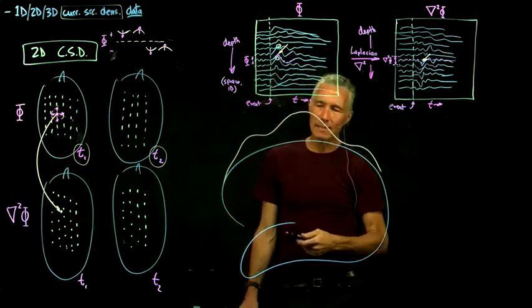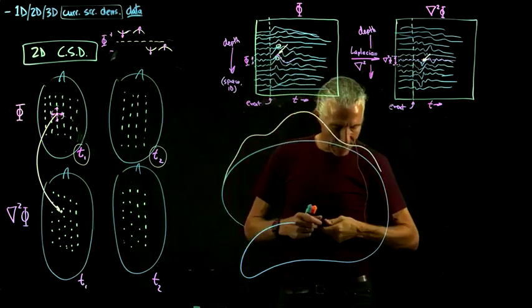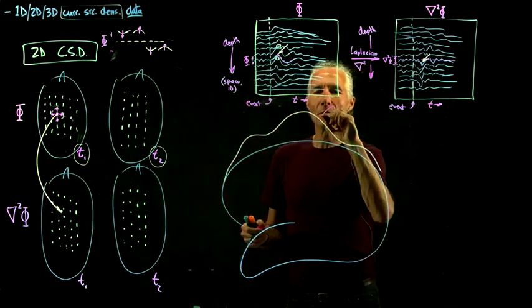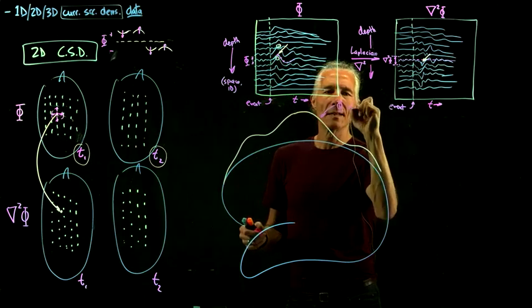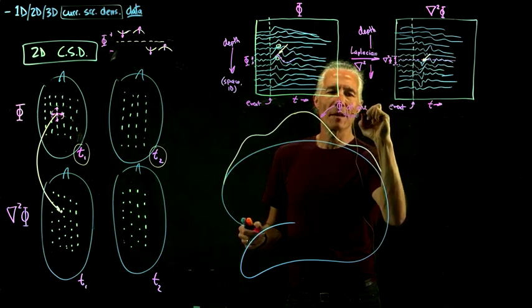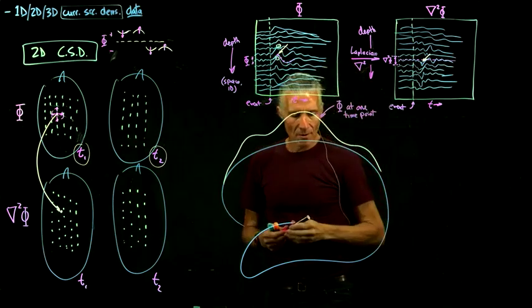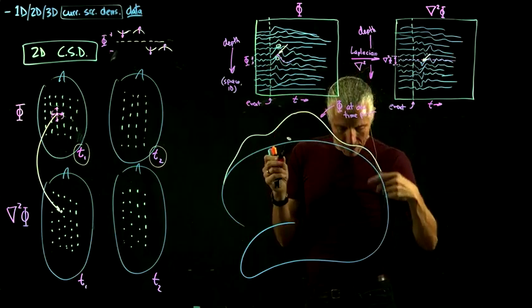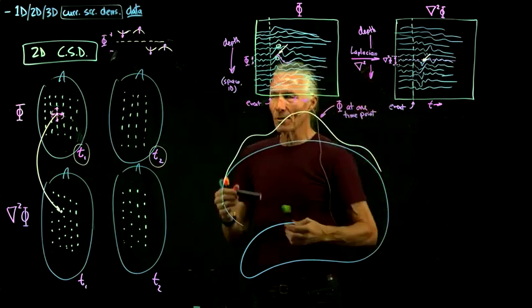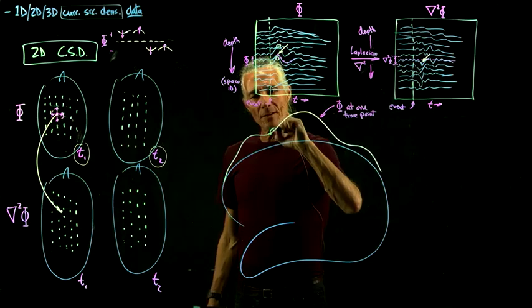That's an instantaneous evoked potential, at one time point. All of these things are at one time point. So what could have caused that? If we do our current source density calculations over here, you can see what's going on.